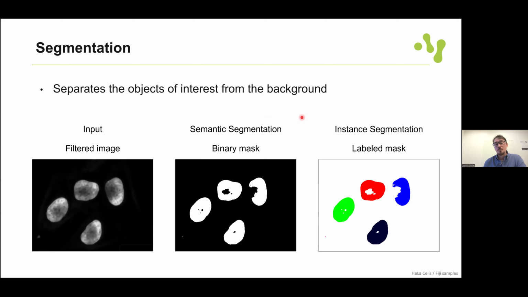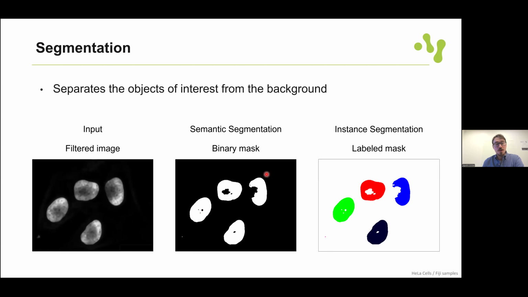And the first step could be to have a semantic segmentation. The output here is called a binary mask. So it has either zeros for what corresponds to background, or ones, or the highest value, for what corresponds to our foreground pixels, the ones that are of interest.